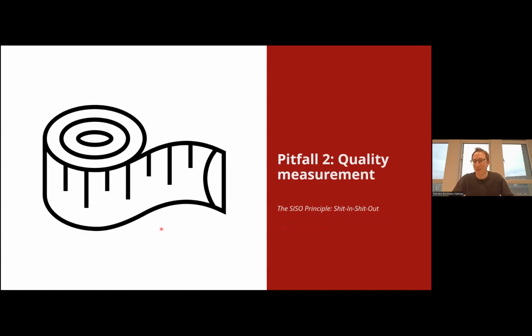The second pitfall is the measurement of quality, so the response we get and the quality we tell a program like Brownie B, because it's still a data-driven technique which suffers from the GIGO principle, which is garbage in, garbage out. So if you give it unreliable data, it's going to give you unreliable suggestions.